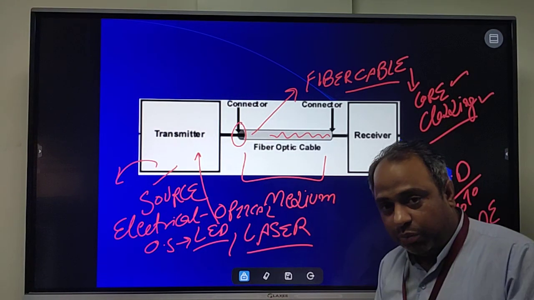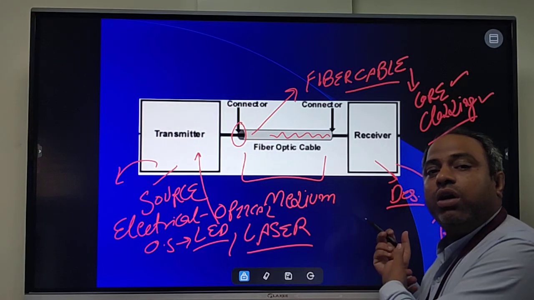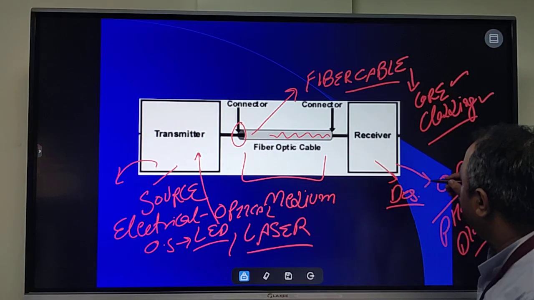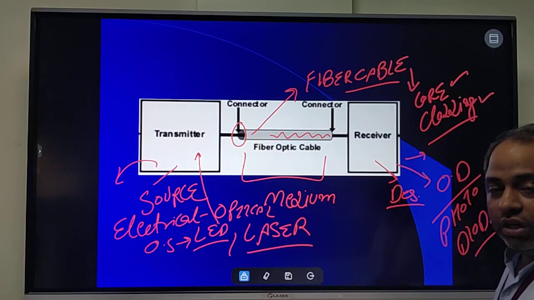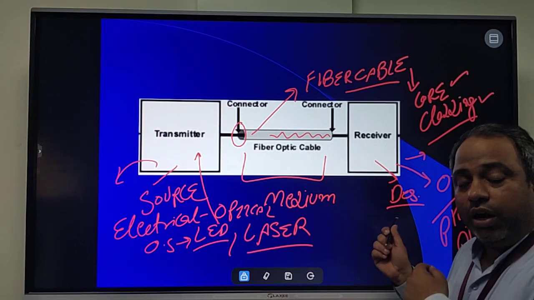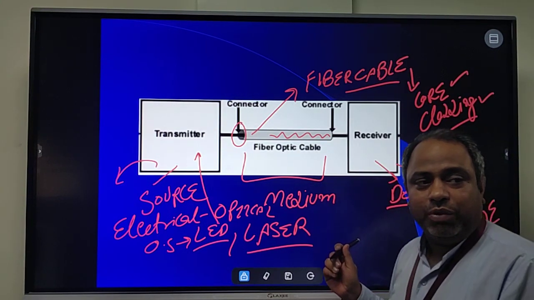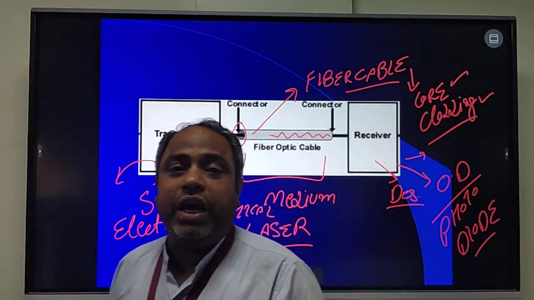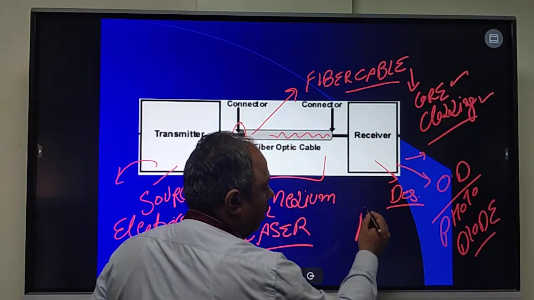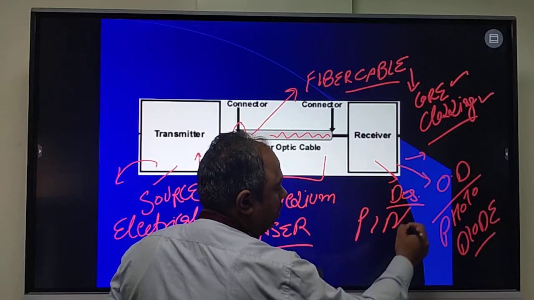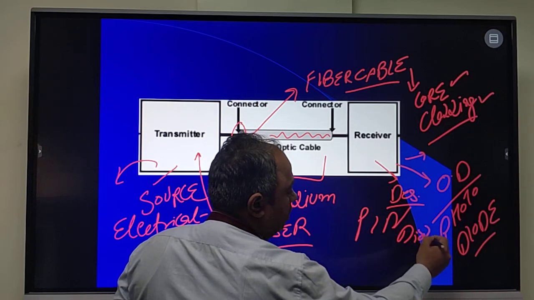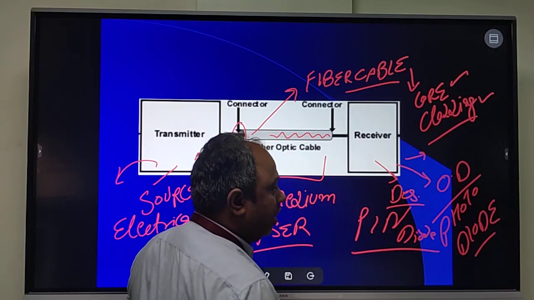It means light comes in and the output is an electrical signal. So at the end the signal reaches the destination, where we can use multiple detectors like the PIN diode for photodetection.